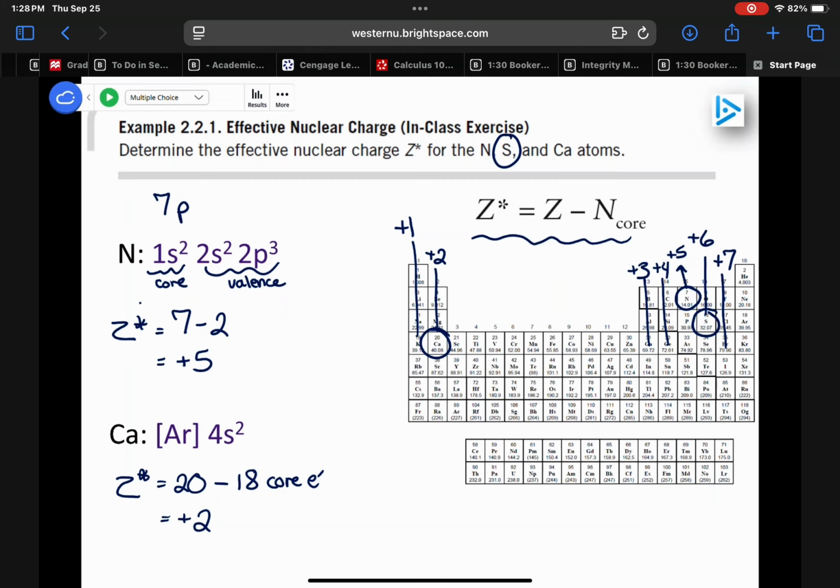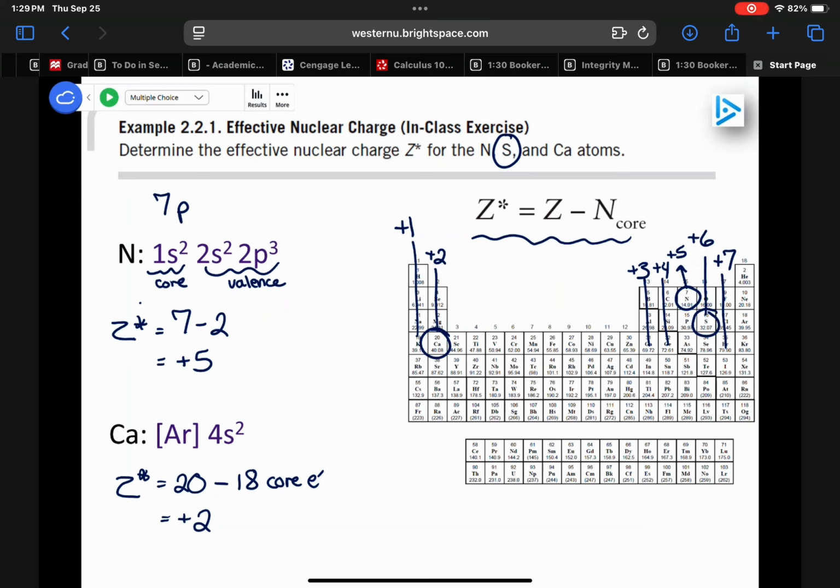As we go across the main group elements, from the s's across a period, all the way over to the end of the p's, we're adding a proton with every step, but the number of core electrons is staying the same.